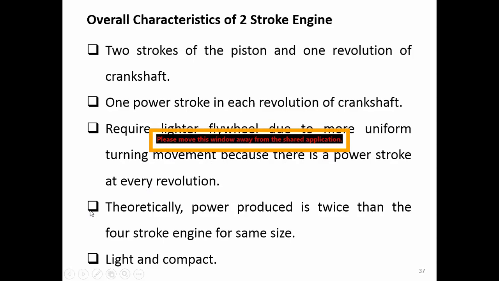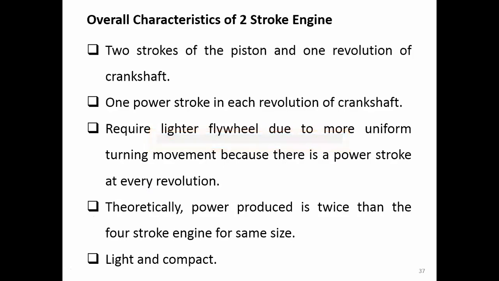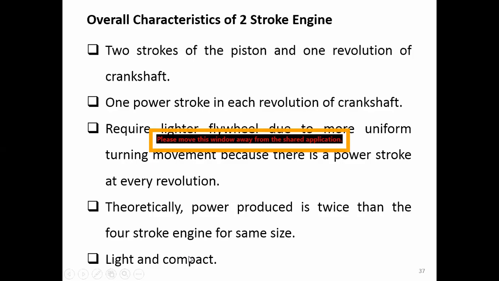Okay, so theoretically, the power produced is twice that of the four-stroke for the same size of engine, correct? Because every revolution you get power from the two-stroke engine, while for the four-stroke engine, you have to wait for 2 revolutions to get power out of the engine.